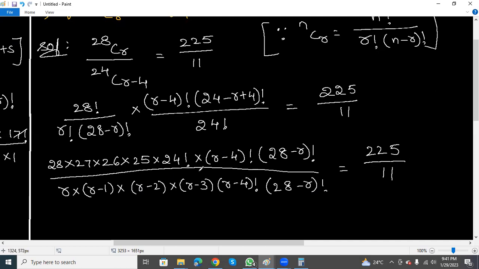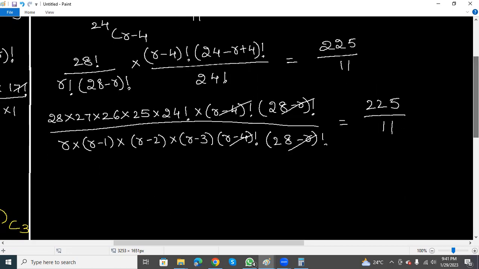Now let's see the cancellations. (r minus 4) factorial and (r minus 4) factorial cancel. (28 minus r) factorial and (28 minus r) factorial get cancelled. This 24 factorial also gets cancelled, since in the denominator we have 24 factorial, right?